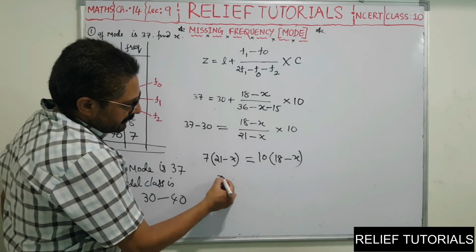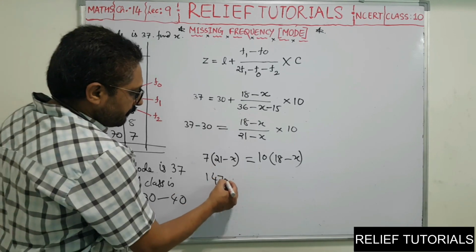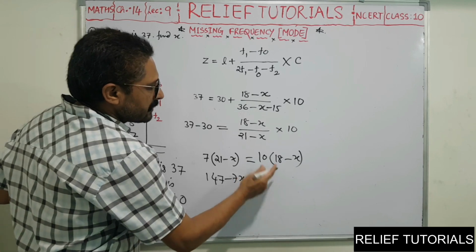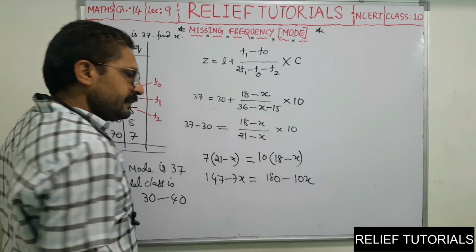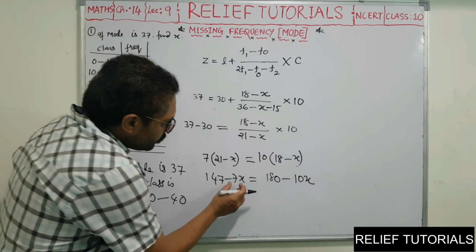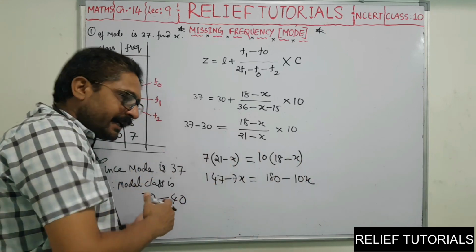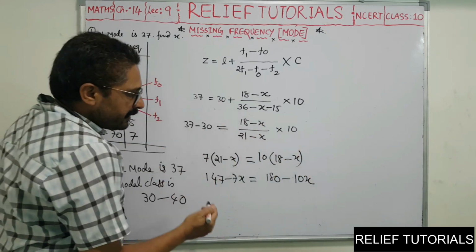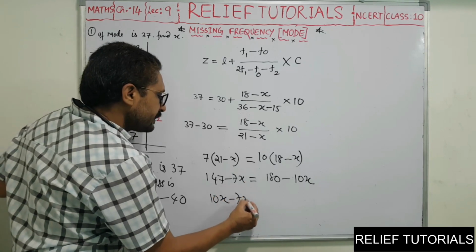7 into 21: 7 ones are 7, 7 twos are 14, so 147, minus 7x is equal to 10 into 18, that is 180 minus 10x. Now you know there are two terms with x, so we keep like terms on one side. So minus 10x, when it comes here, will be 10x. Here already we have minus 7x.